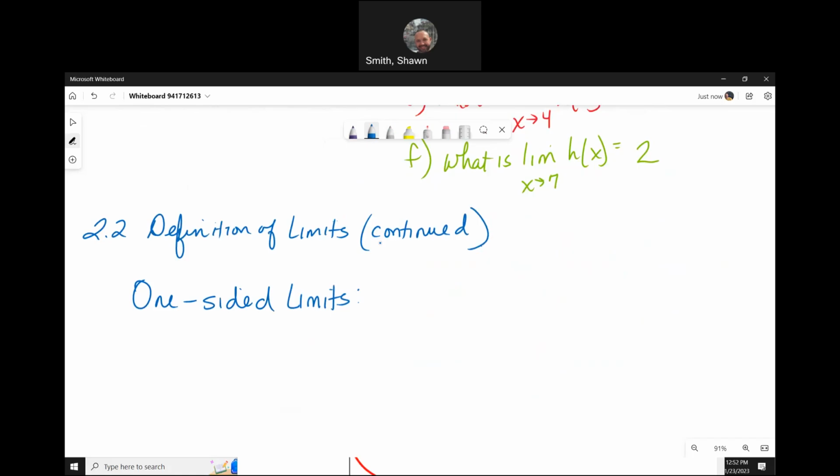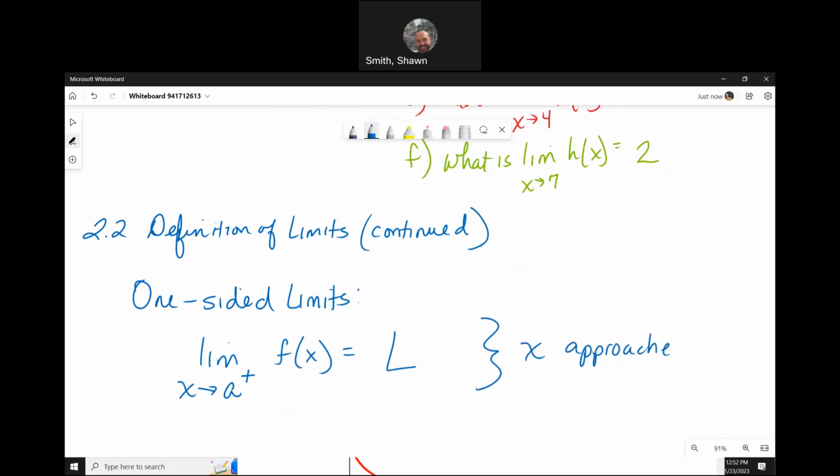And the way we're going to do this is the limit as x approaches some number, a, let's call it, with a little plus like this, of our function, equals our limit value L. This says x is approaching a from the right. Okay. This is called a right-sided limit.